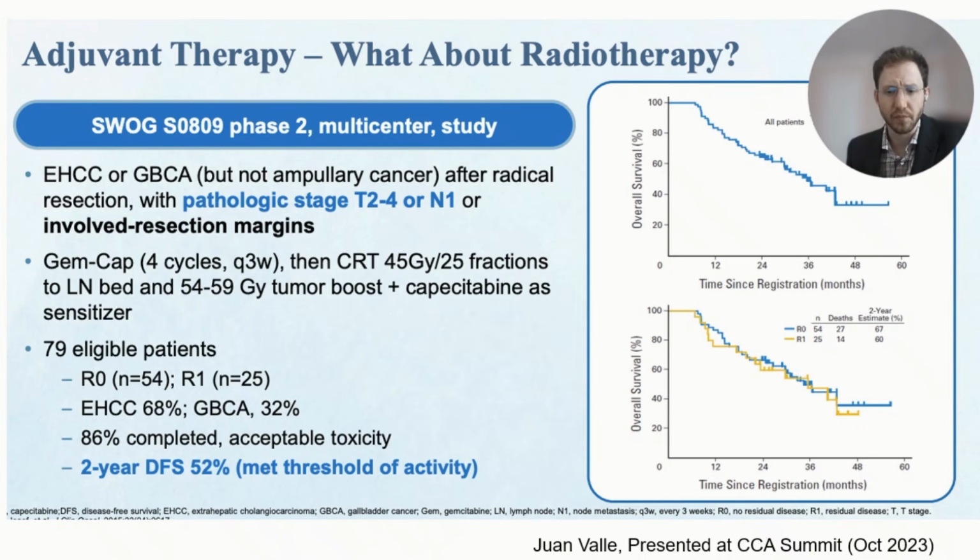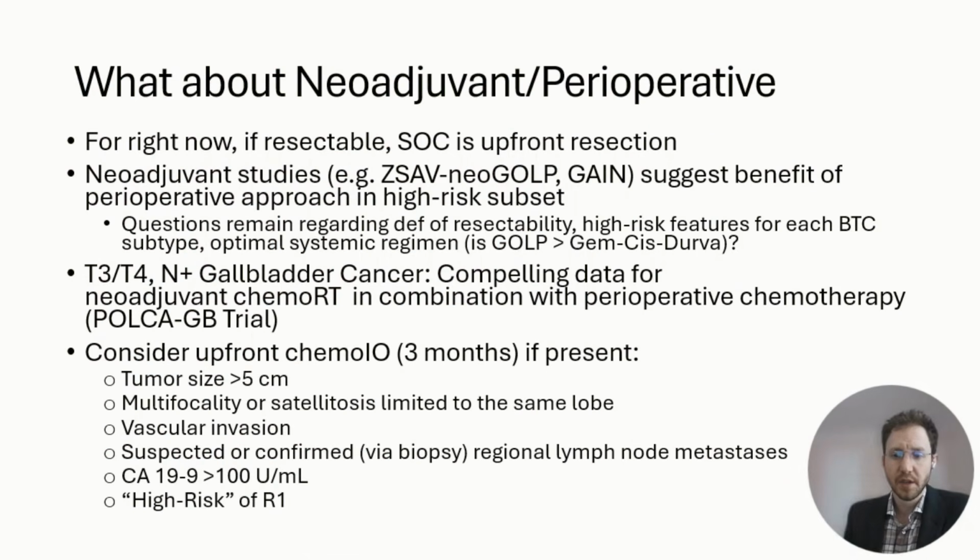I will offer either this treatment regimen or a modified version that does include both chemotherapy for an initial 3 to 4 months, followed by chemoradiation. Because of the modest benefits that we do see in the adjuvant setting, it rationally makes sense to be trying to see if there's going to be more of an impact in a perioperative or neoadjuvant setting.